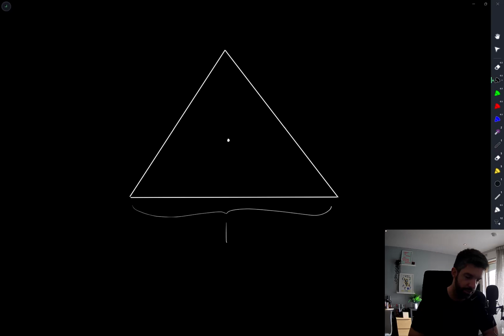My intuition is that it's going to be the line parallel to one of the bases. If we draw the line like this, that's probably the longest line, right?